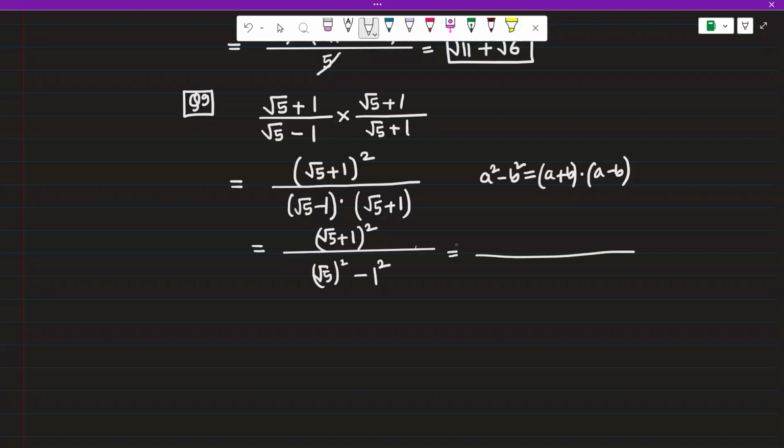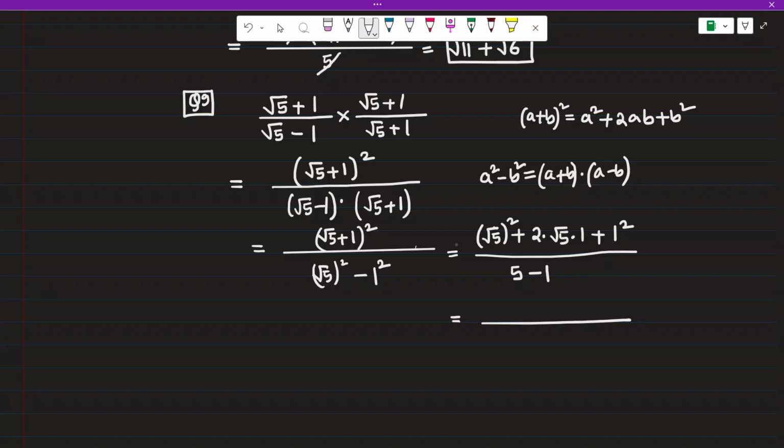Now in the numerator, root 5 plus 1 square, if we expand it, we use an algebraic identity, a plus b square equals a square plus 2ab plus b square. So we can write root 5 square plus 2 root 5 times 1 plus 1 square, divided by root 5 square minus 1, which is 5 minus 1.